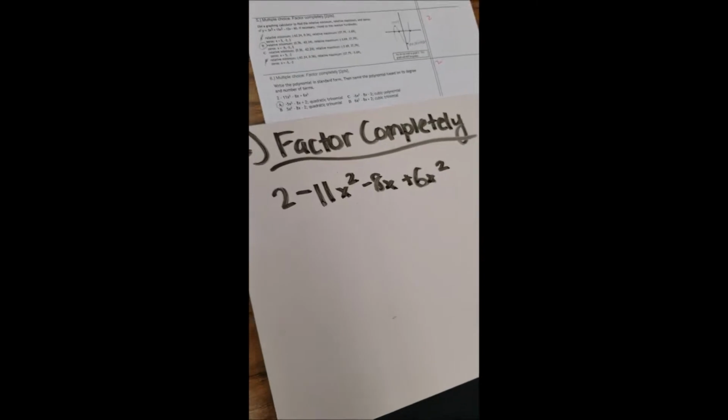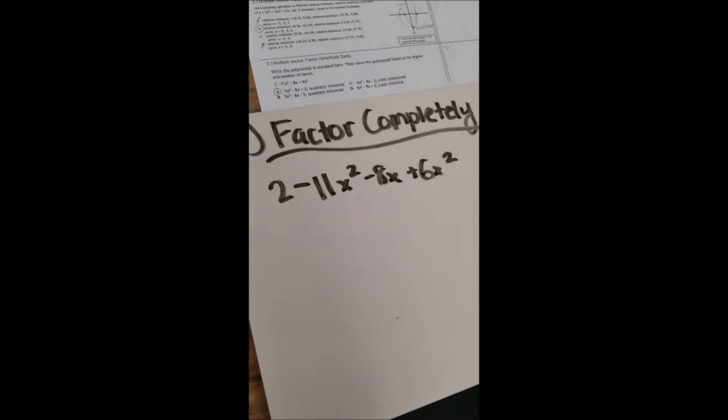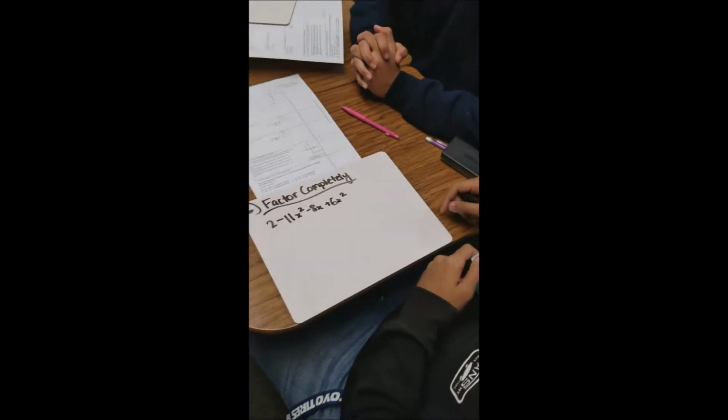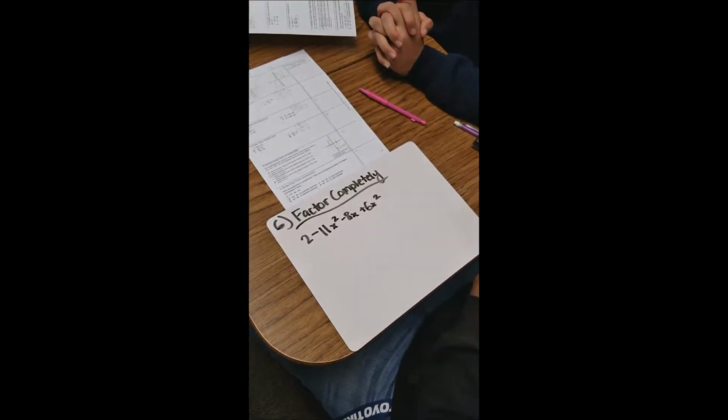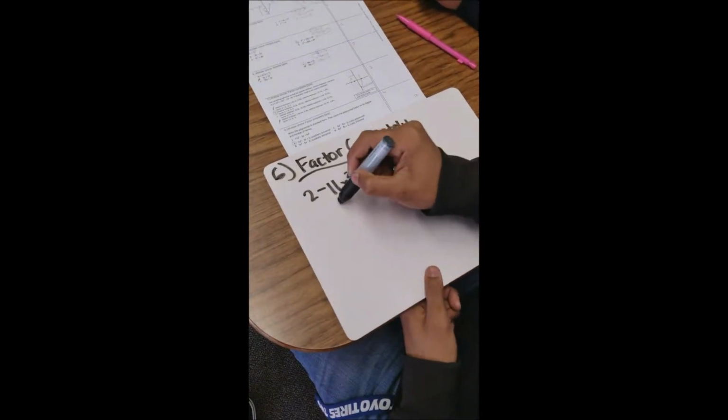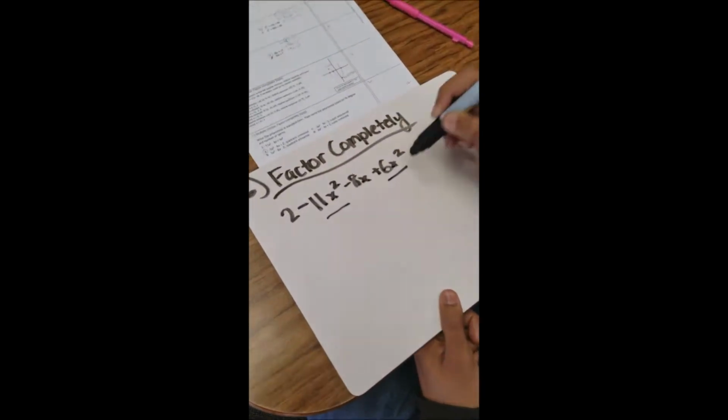For problem number 6, you have to factor completely and then name the polynomial based on its degree and number of terms. The expression is 2 minus 11x squared minus x plus 6x squared. So the first step of simplifying the problem is combining like terms, negative 11x squared and positive 6x squared.